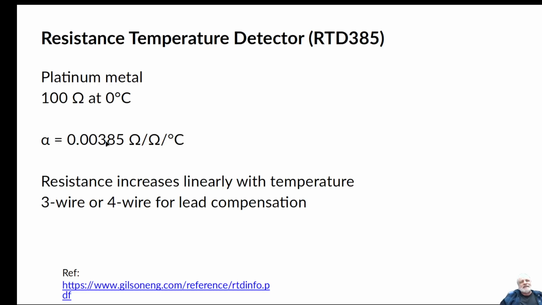And then that resistance will change based on 0.385 ohms per degree Celsius. Okay, so that's where the 385 in the name comes from. Now you can get these in 2, 3, or 4 wire devices. The ones we have in labs are 3-wire devices.